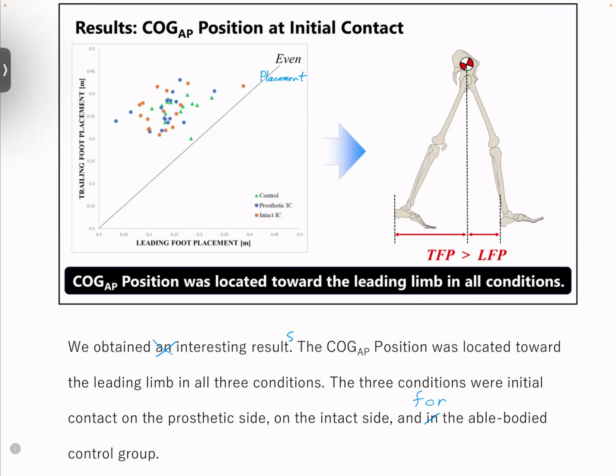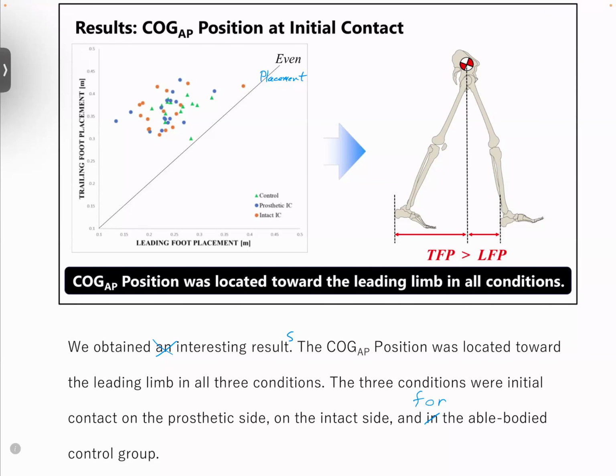The three conditions were initial contact on the prosthetic side, on the intact side, and for the able-bodied control group.